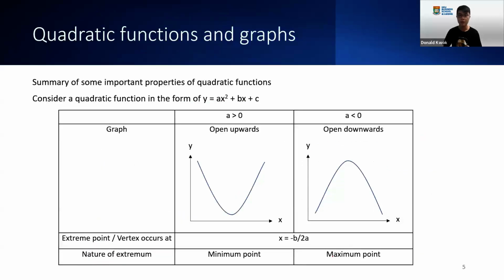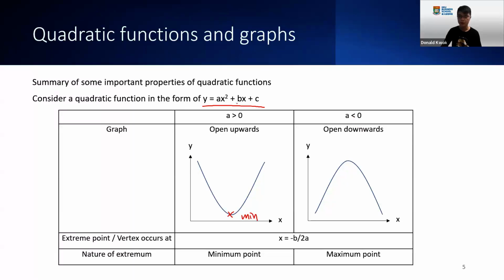The next thing to review is some properties of quadratic graphs. If we have a quadratic function in the form y equals ax squared plus bx plus c, then we have the following properties. When a is positive, the quadratic graph opens upwards and has a minimum point.